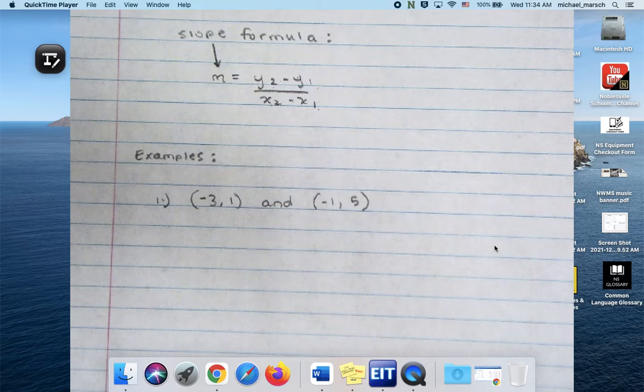So instead of plotting these on a graph, connecting them, and finding the slope, we just have this super easy formula that we're going to apply.